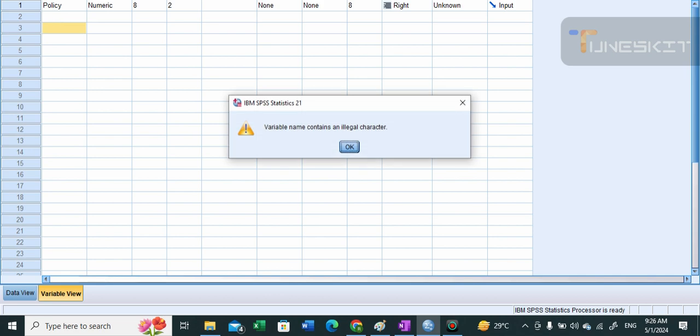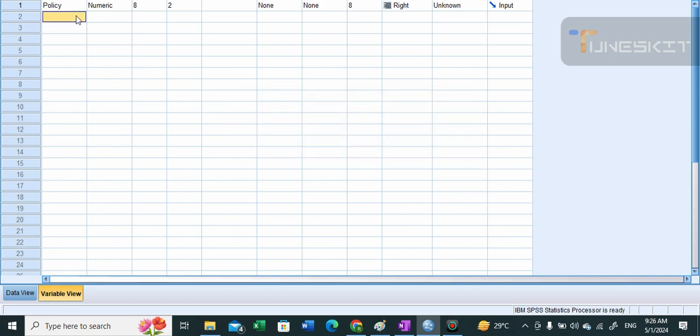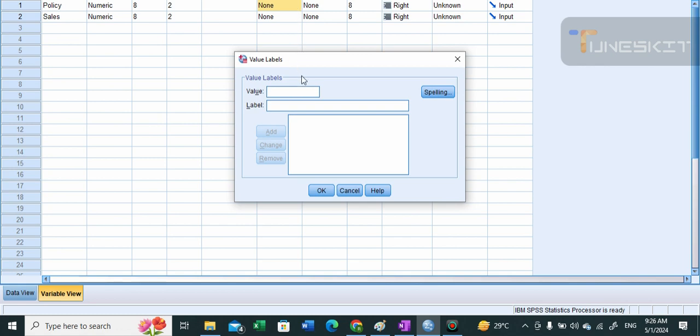Since the policy variable is qualitative in nature, it has three categories, so we are going to assign codes to these different policy structures. So policy 1 is represented by 1, policy 2 should be coded with 2, and policy 3 should be coded with 3.